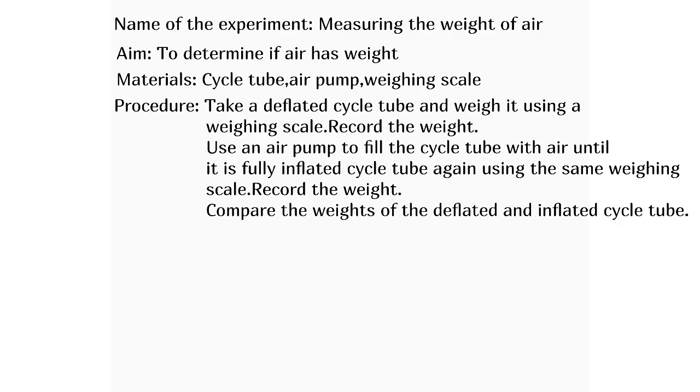Record the weight. Use an air pump to fill the cycle tube with air until it is fully inflated. Weigh the inflated cycle tube again using the same weighing scale. Record the weight. Compare the weights of the deflated and inflated cycle tube.